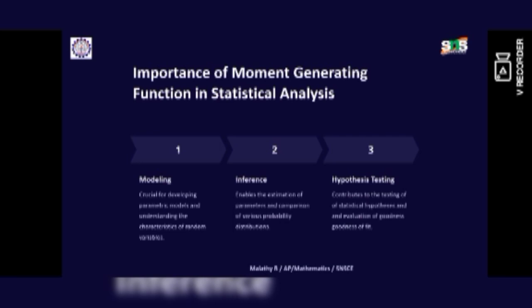Importance of moment generating function in statistical analysis. It is crucial for developing parametric models and understanding the characteristics of random variables, enables the estimation of parameters and comparison of various probability distributions, and contributes to the testing of statistical hypotheses and evaluation of goodness of fit.